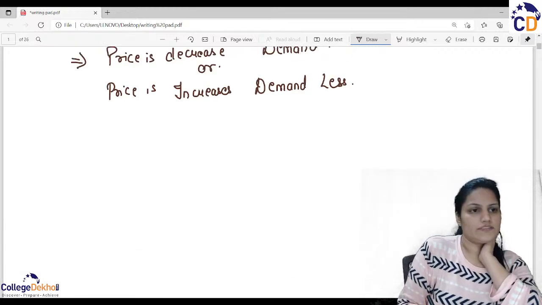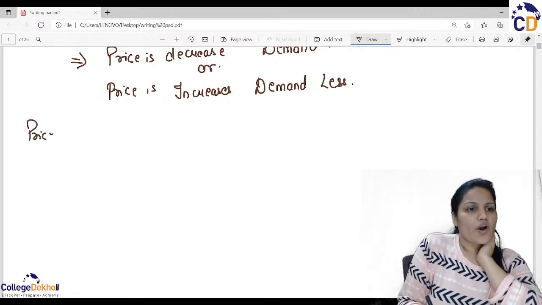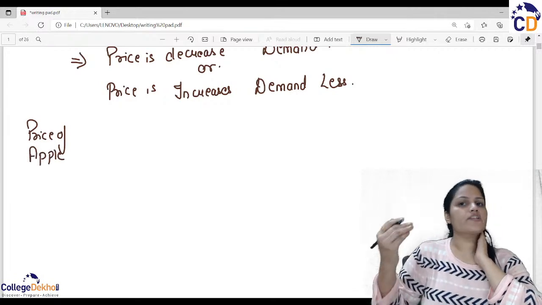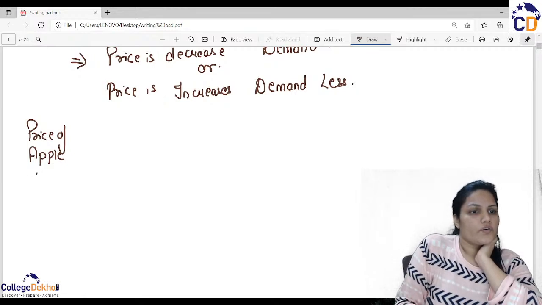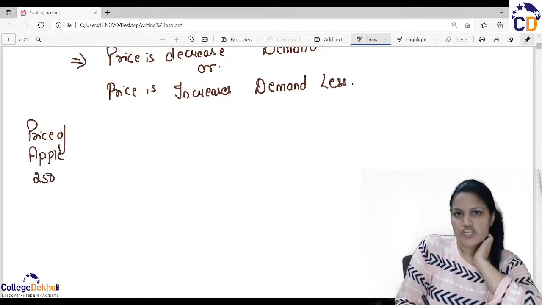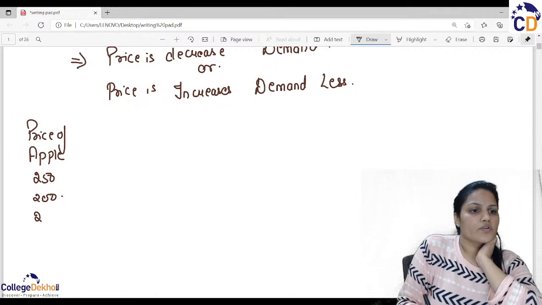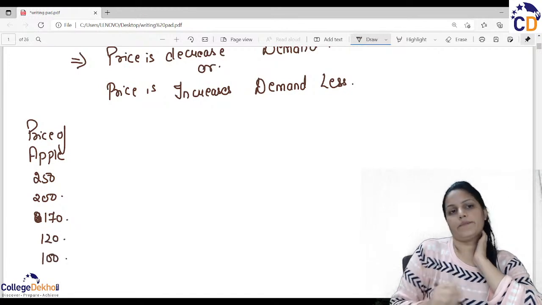Let's make one schedule. Price of an apple. Let's suppose the price of an apple is going to decrease: 250 rupees per kg, after that it decreases to 200, 170, 120, and 100.